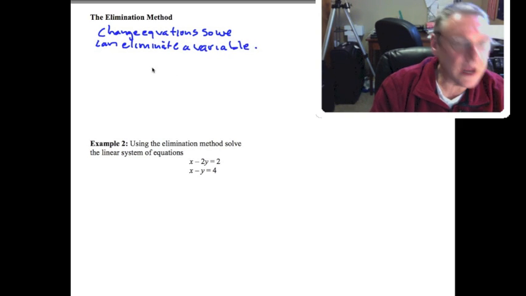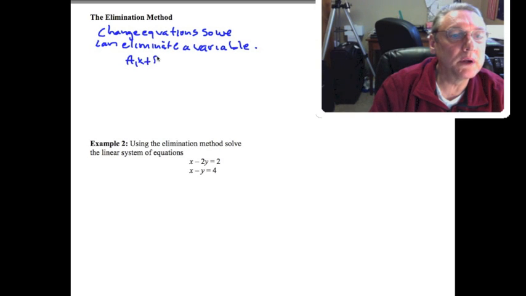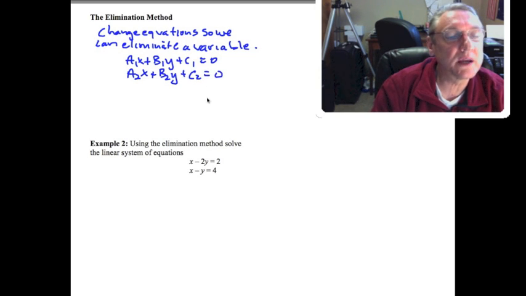Okay, now there's a couple of things that we need to keep in mind here. Let's suppose that we have two equations, a1 x plus b1 y plus c1 is equal to 0, and a2 x plus b2 y plus c2 is equal to 0, for example.